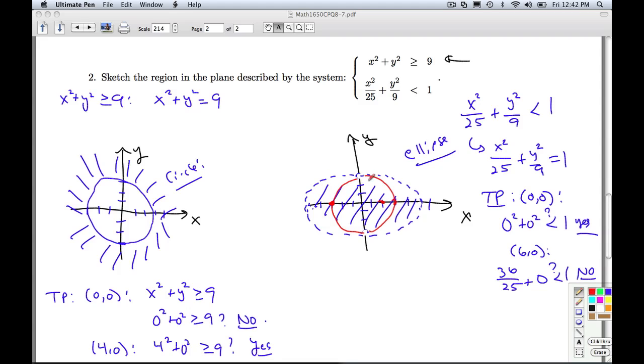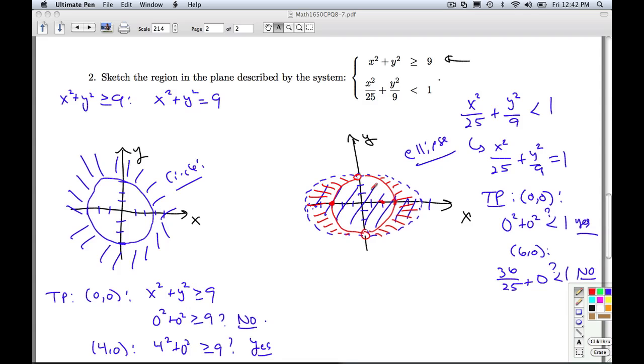And so it looks like, once again, I have to have open circles here. It appears as if the region that I want, my solution to this, would be everything I'm shading here in red. So it'd be everything on the circle except the y-intercepts of the circle, and then between the circle and the ellipse. Looks a lot like the Eye of Sauron from Lord of the Rings.